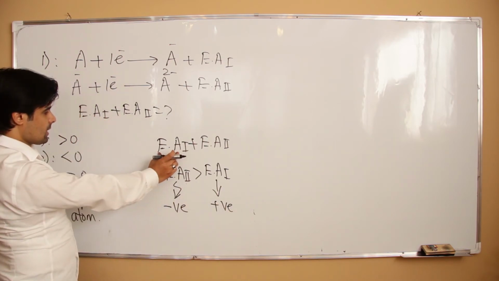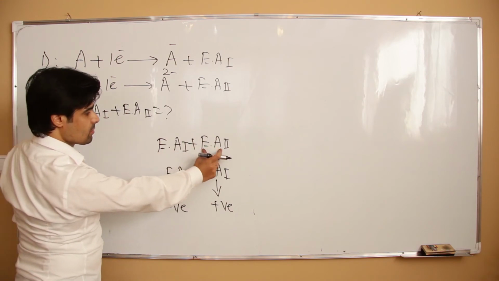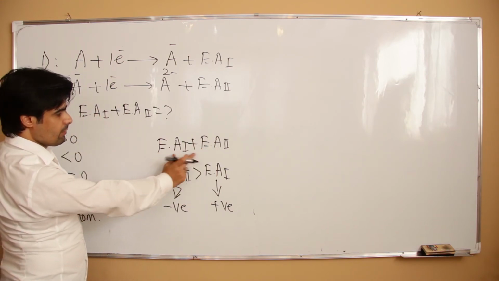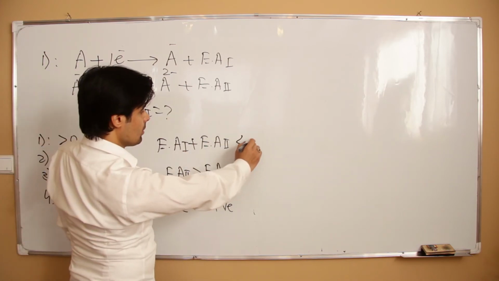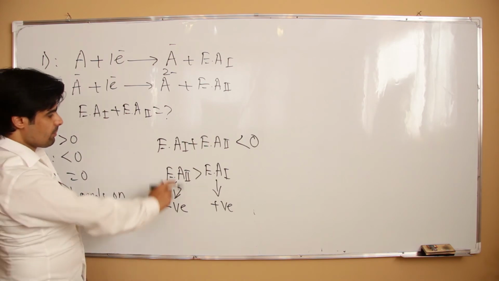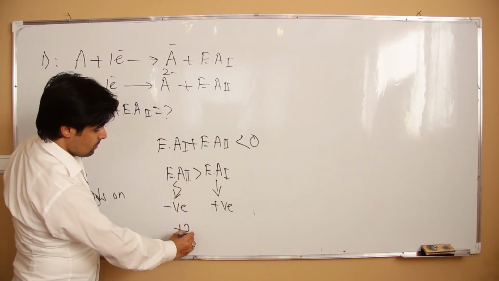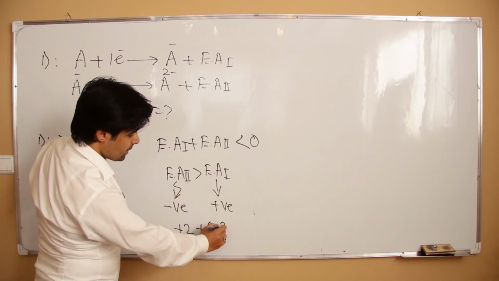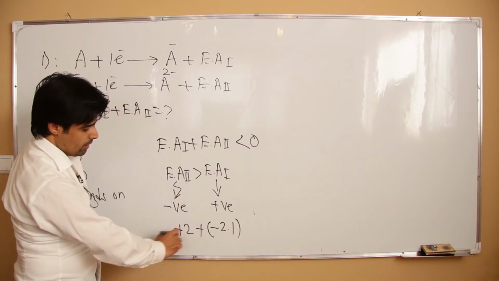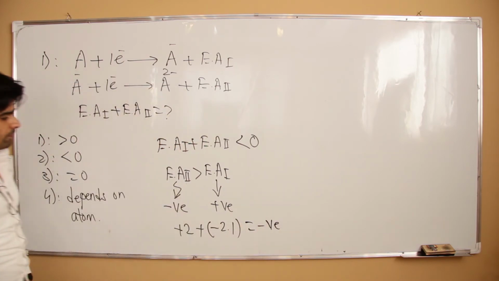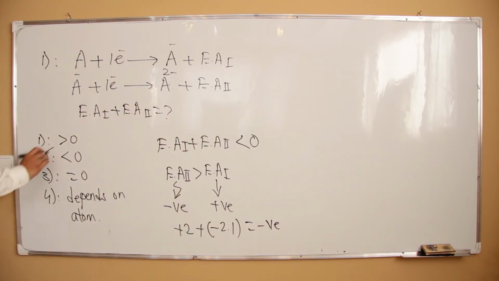It means this one is a smaller positive and this one is a bigger negative. From the bigger negative with the smaller positive, the summation will be what? Smaller than 0. Why? For example, this one is plus 2 and this one is more than 2, maybe minus 2.1. So if you find the summation, it is negative. Then the answer is number 2.